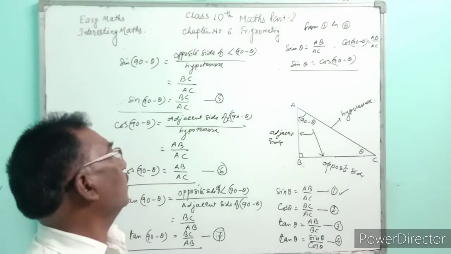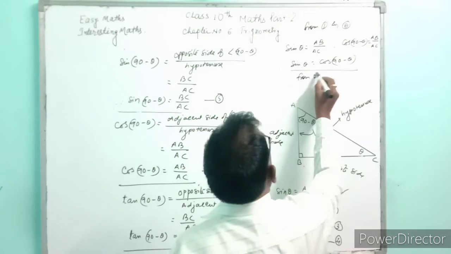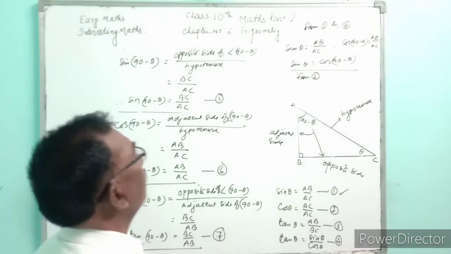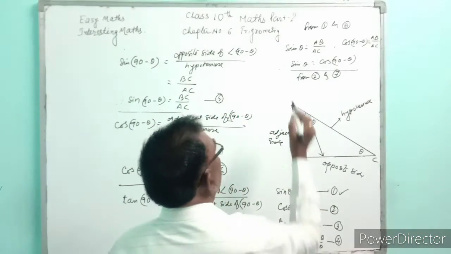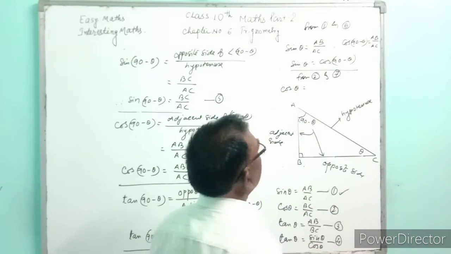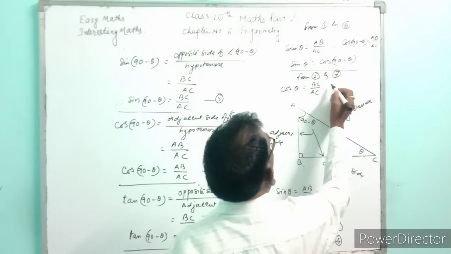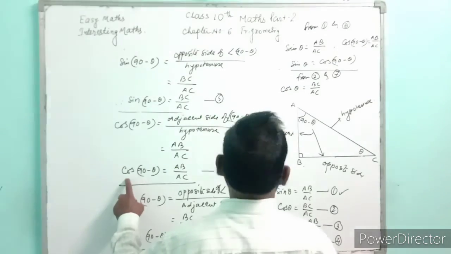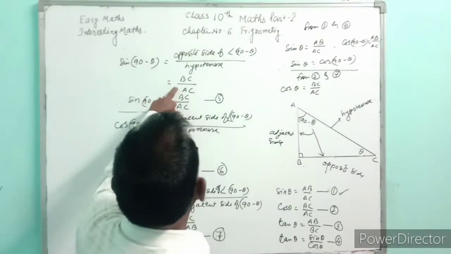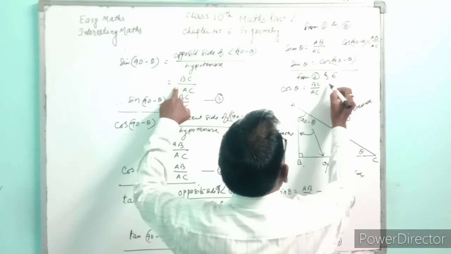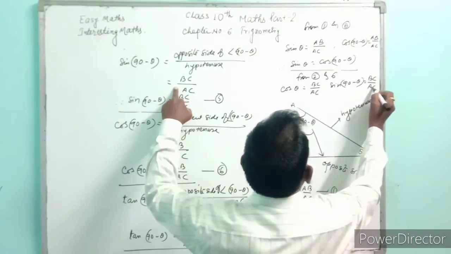Therefore, sin theta is equal to cos 90 minus theta. Similarly, from 2 and 7, from 2, cos theta is equal to BC by AC, and from 7, sin 90 minus theta is equal to BC by AC.